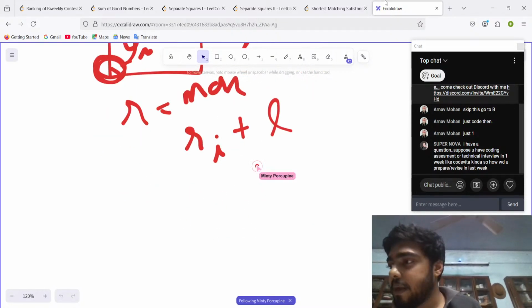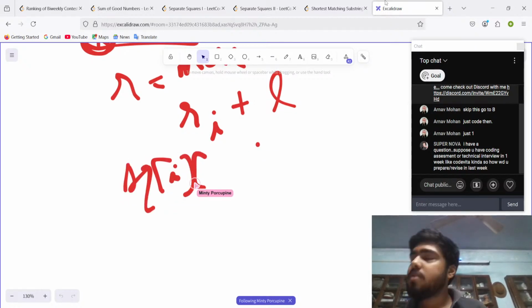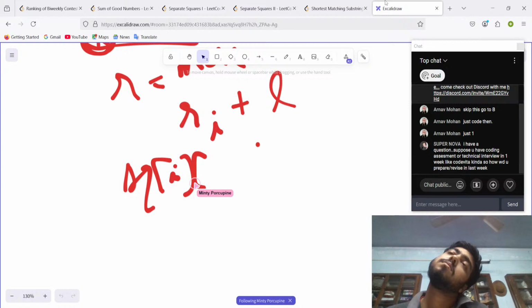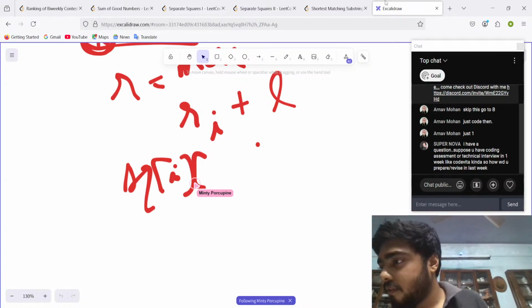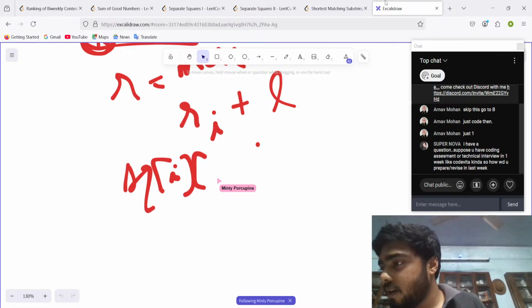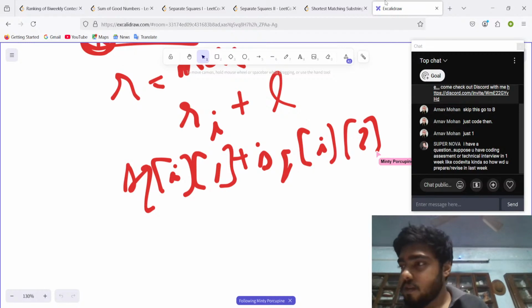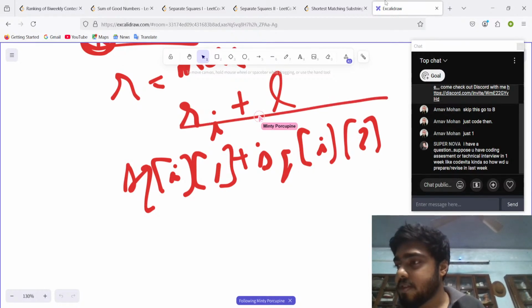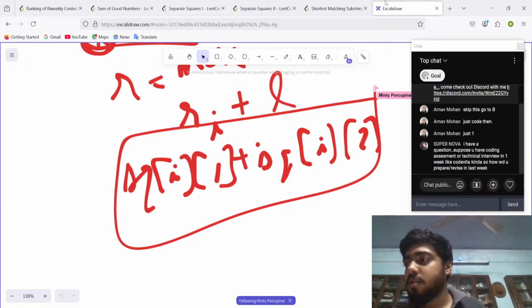Okay, what do I mean by that? It is square of i of 1 plus square of i of 2. Okay, so we have to find out the maximum of this. Like for every specific element, whatever the values are coming, we have to find out the maximum of this.